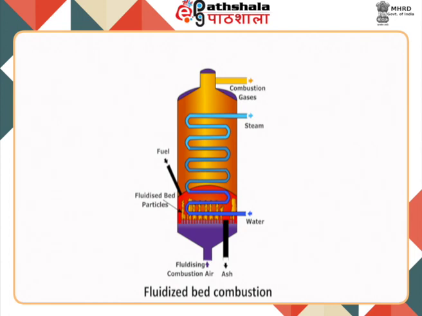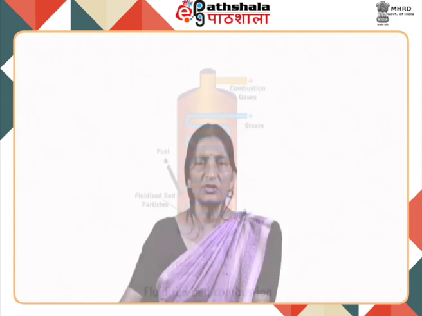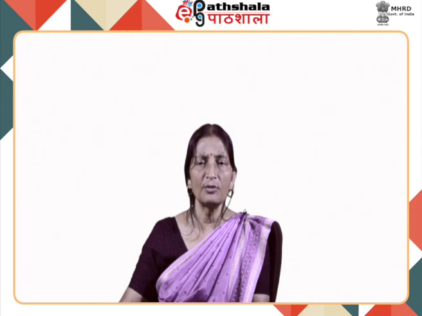The movement of this fluidized material in the combustion chamber results in a transfer of heat to the water-filled tubes, and therefore operating temperatures are lower than in a conventional system. Addition of a sorbent such as lime or limestone can control the SO2 emissions because it absorbs the SO2 present.